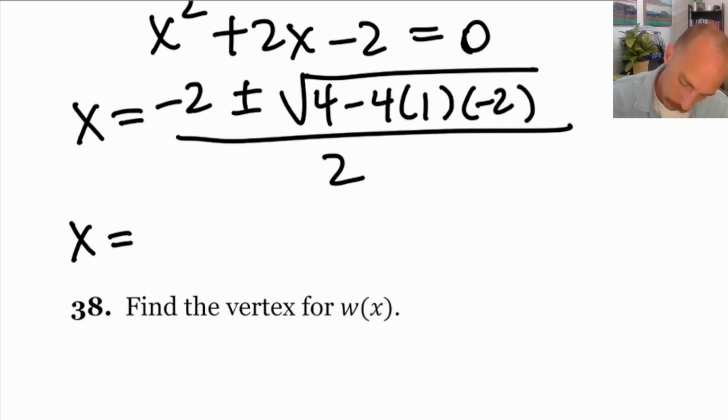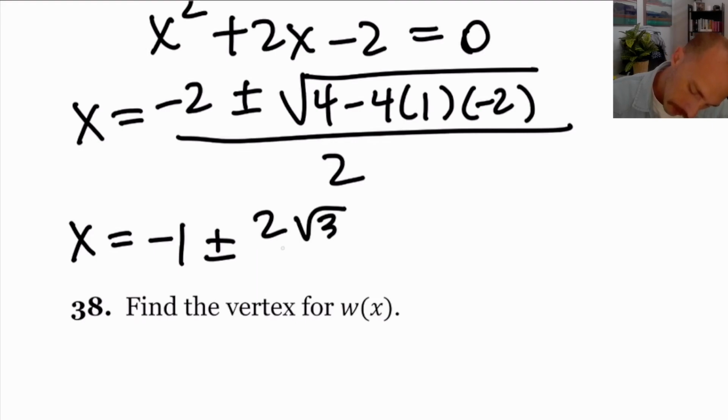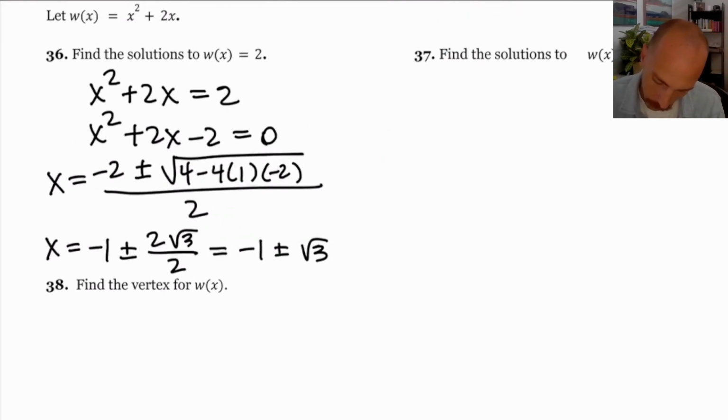So this is going to be negative 2 over 2 is negative 1 plus or minus, all right, 4 plus 8 is 12. I do know that I have simplified the square root of 12 on this video already. That's 4 times 3, square root of 4, square root of 3. And we're dividing that by 2, so that's negative 1 plus or minus the square root of 3. Really feel like I've already gotten that one today.